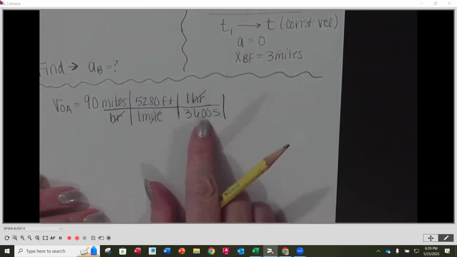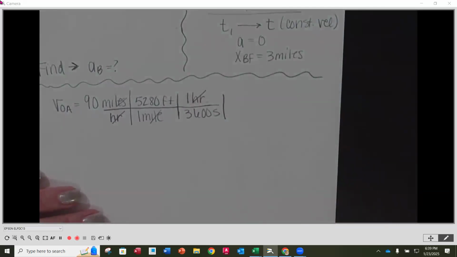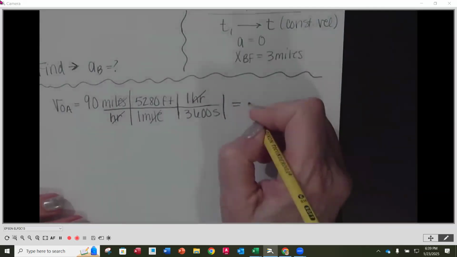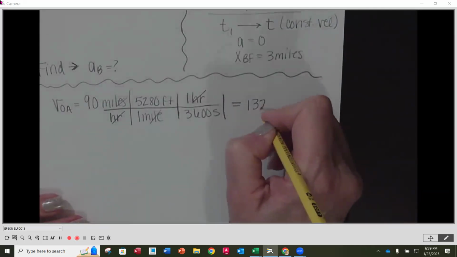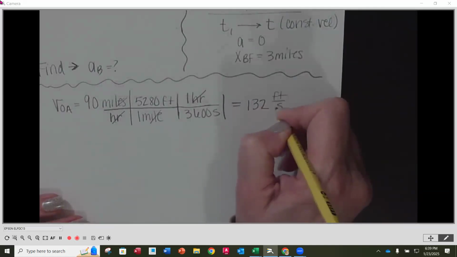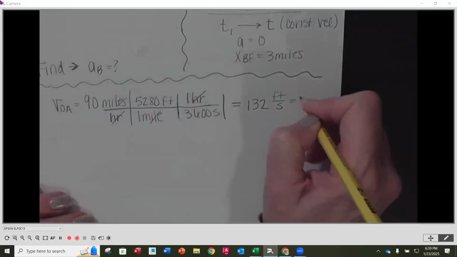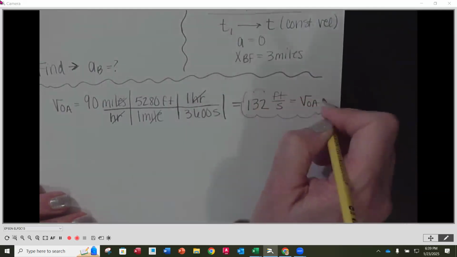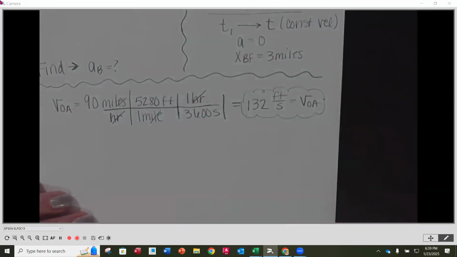So what's not crossed out is feet per second. My velocity in feet per second for A is going to be 132 feet per second. So double check that to be sure that's what you get. I'm just going to write that there.